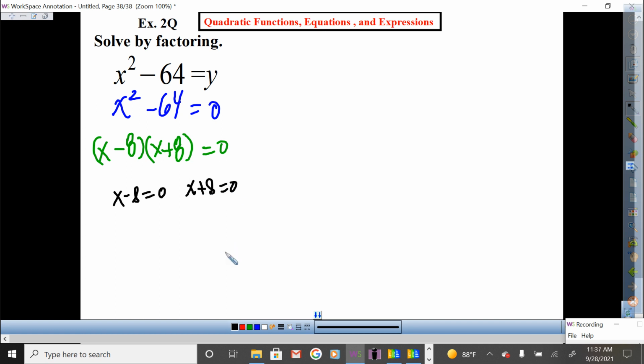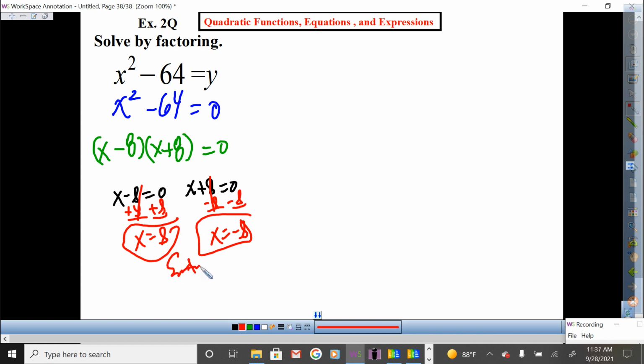And Dana, finish it off. What do I do next? Solve. So what do I do? Add 8 to each side. So this is x equals 8. Minus 8 to each side. So x equals negative 8. And these are my solutions.